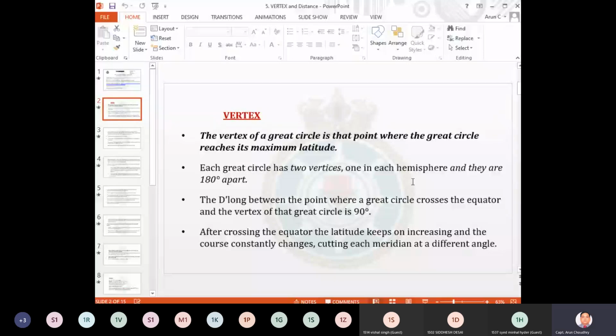Now, has everybody understood the concept of vortex? Like, what is vortex? Just write yes or no in the chat that everybody is clear what is a vortex.